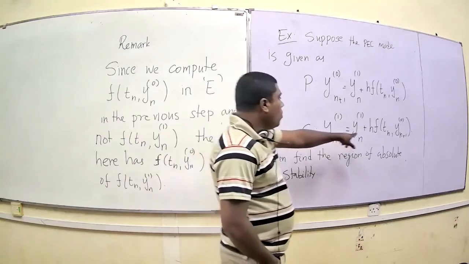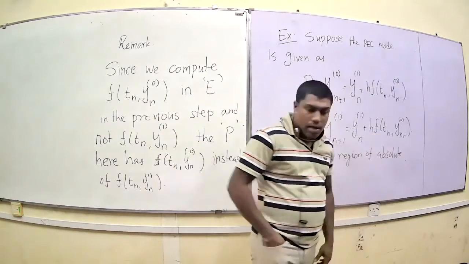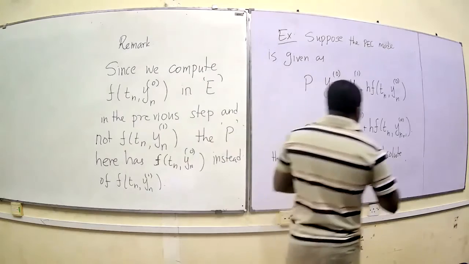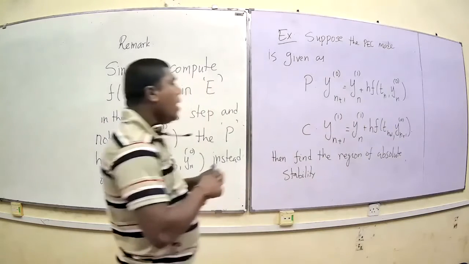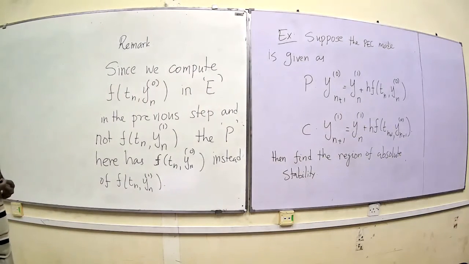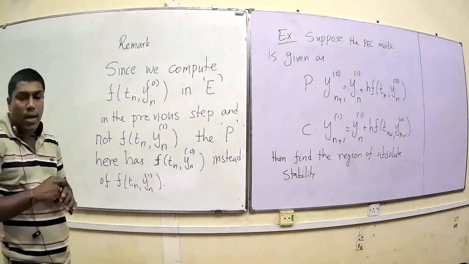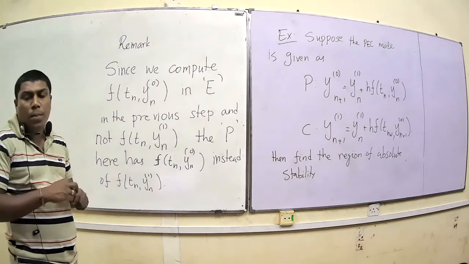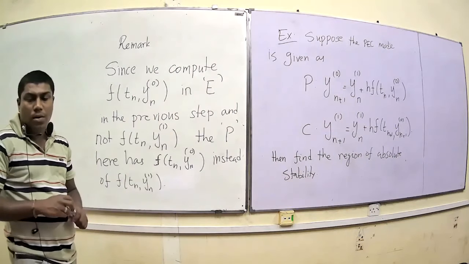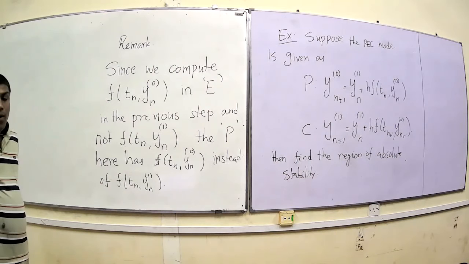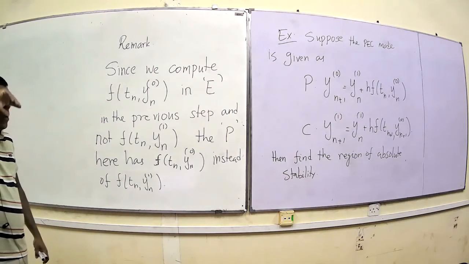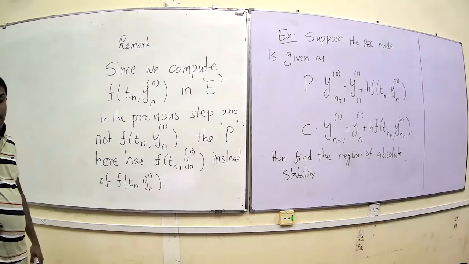Y at t n plus 1, that is Y1, you don't compute, because that is not necessary for you. You only compute F at Y naught. F at Y1 you don't compute. You do that only when you have an E at the end. If you have E at the end, then you would have computed it. If not, you don't need to compute that.